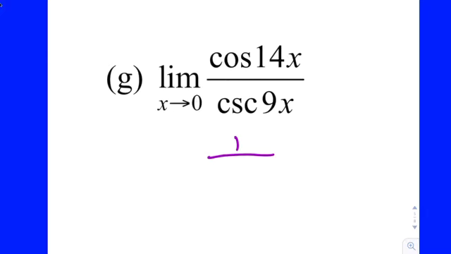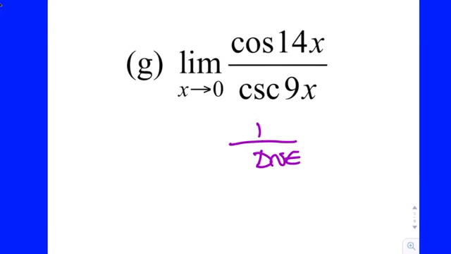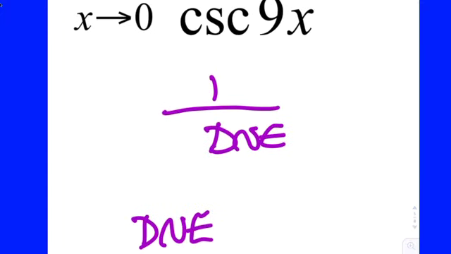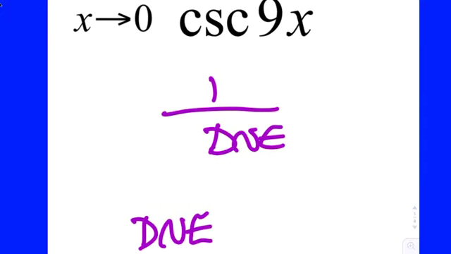It's DNE. Why is it DNE, though? If I just put DNE there, what would you say 1 over DNE is? DNE? That would be a great answer choice. Is 1 over DNE an indeterminate form?